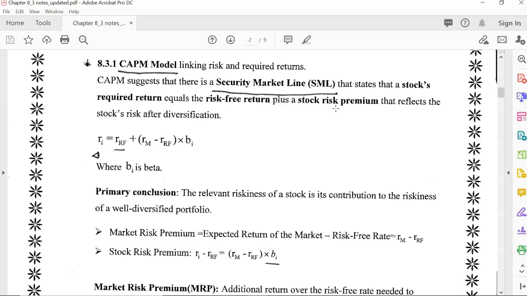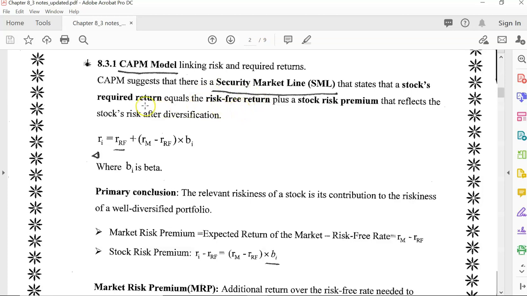Do you still remember we discussed that for any financial asset, the return of the asset equals the risk-free rate plus the risk premiums for that asset? The return is higher for that asset compared to risk-free assets because of the additional risk the asset has. For riskless assets, the return is the risk-free return.